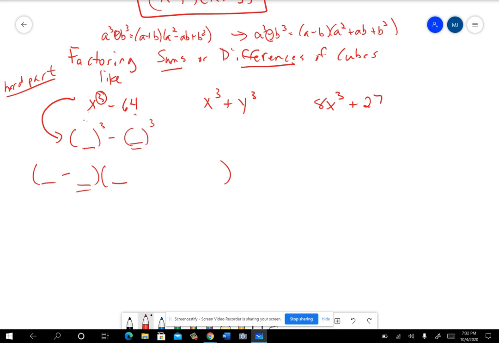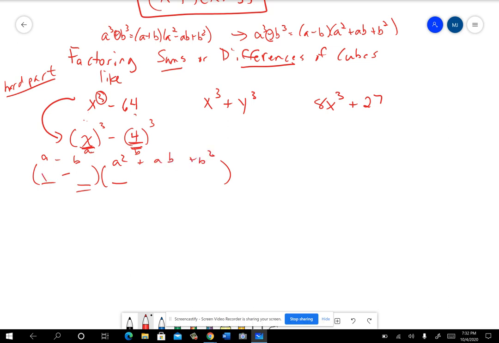You need to think about what actually got cubed to make x to the third. So that's just x. Then what actually got cubed to make 64 would be 4. So this is like your A, and this is like your B in the formula. The formula says do A minus B, then A squared plus A times B plus B squared.